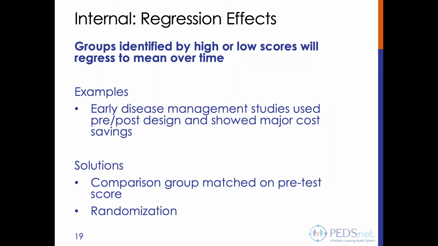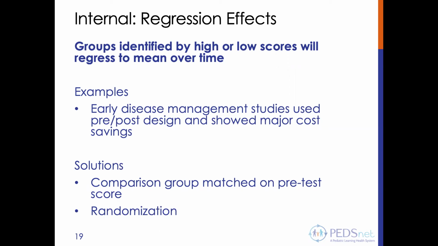Regression effects, actually, I don't think are thought of enough. This is when a group is identified by high or low scores. And just over time, those groups regress to the mean. And this was a real thing that actually led to some companies going out of business. I got involved when I was at Hopkins in evaluating a number of disease management programs. These are programs that would identify patients with, like, diabetes who were costly in one year.